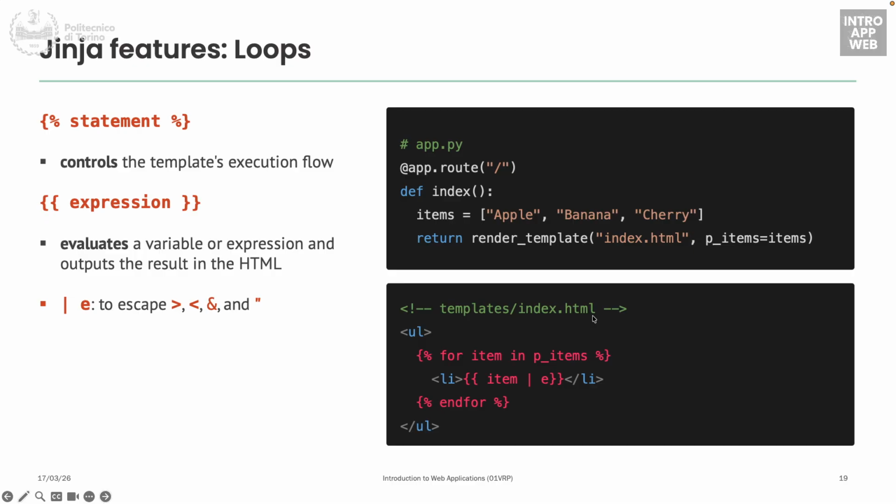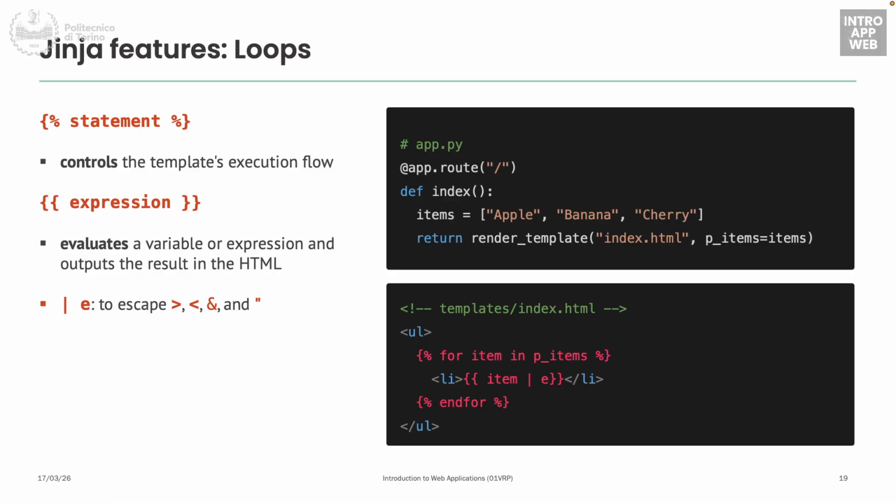Then on the index.html, what I'm doing differently. Up to now, with what we have seen about HTML, we have never seen this kind of syntax, no? This syntax is new. So here, the UL and the UL, they are still HTML. But here, with the curly brackets and the percentage, what are we doing somehow?